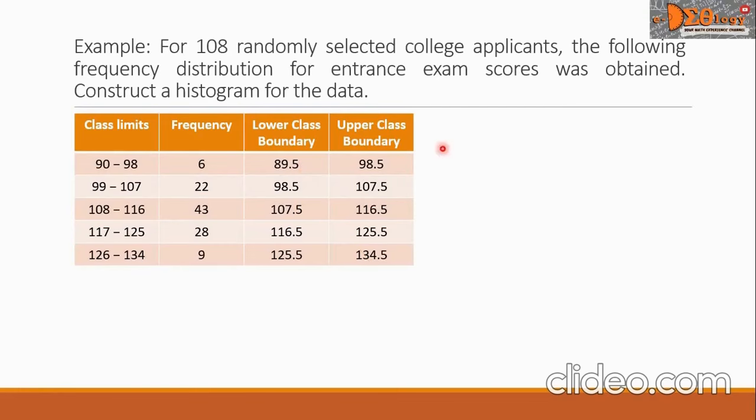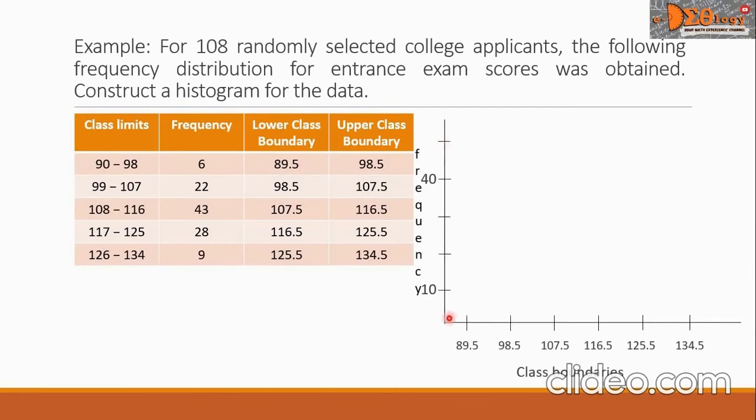Let us now write the histogram. First, let us draw the horizontal line and the vertical line here. In the horizontal line, we will write the class boundaries, and for the vertical line, we will write the frequency. Now, let us describe the first class interval. Take note, the first class interval has lower class boundary of 89.5 and the upper class boundary is 98.5.